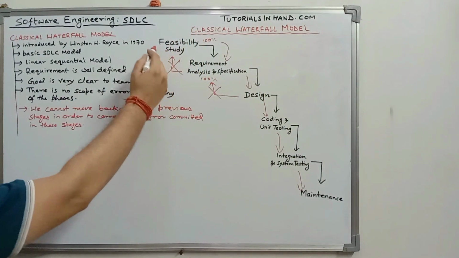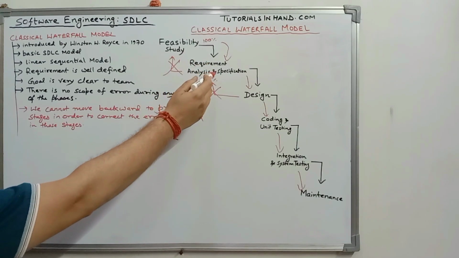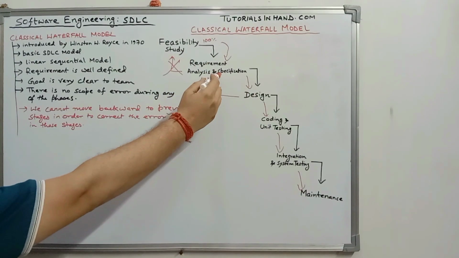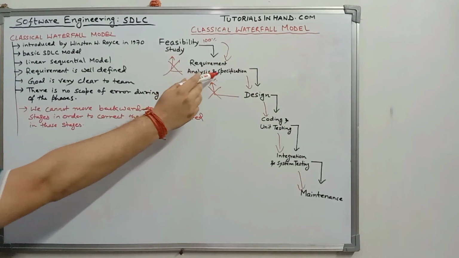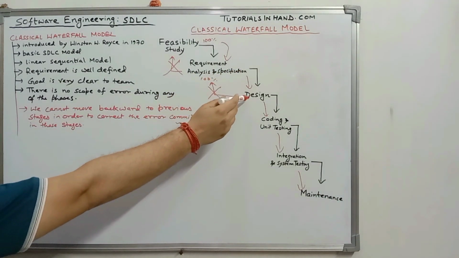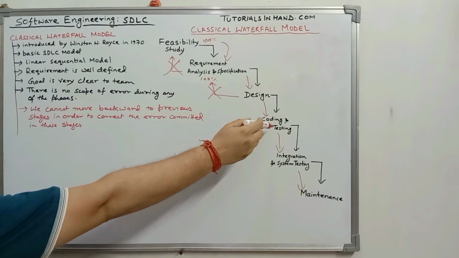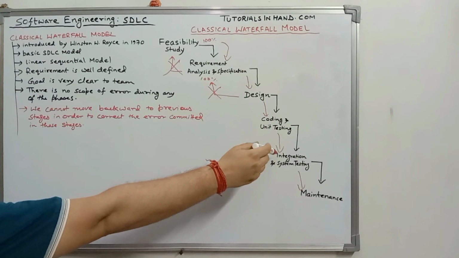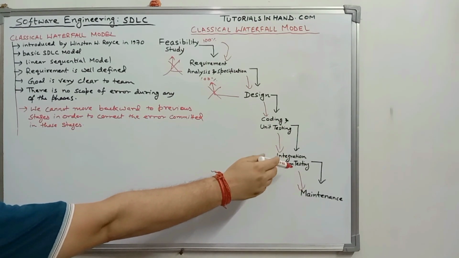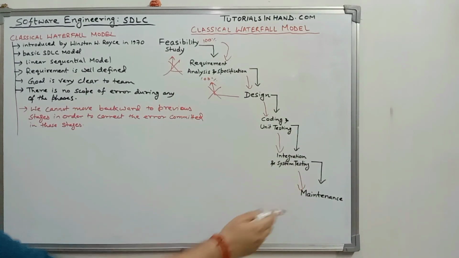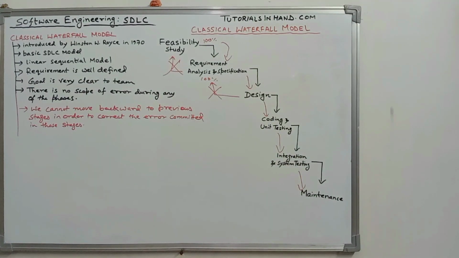Once the feasibility study is done, we come to the requirement analysis and specification phase. Once that is done, we come to the design phase. Once the design phase is done, we come to the coding and unit testing phase. Once coding and unit testing is done, we come to integration and system testing, and finally we come to the maintenance phase.